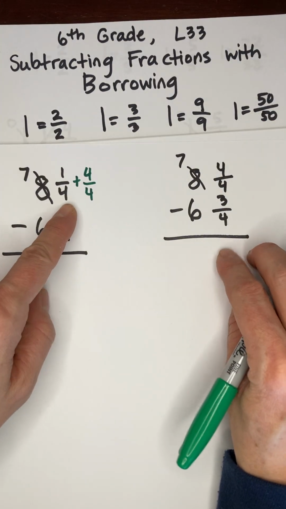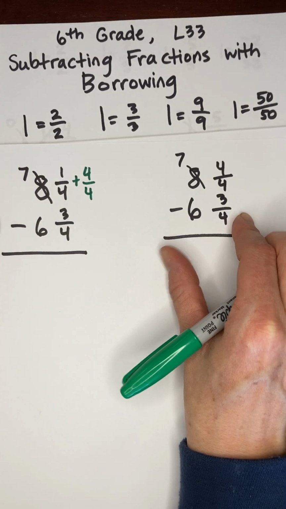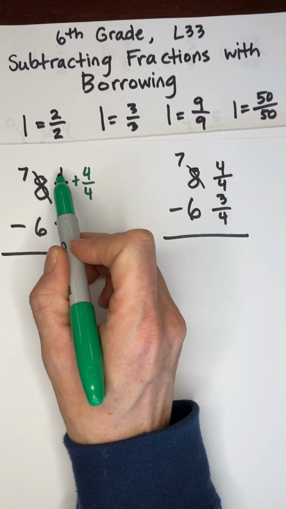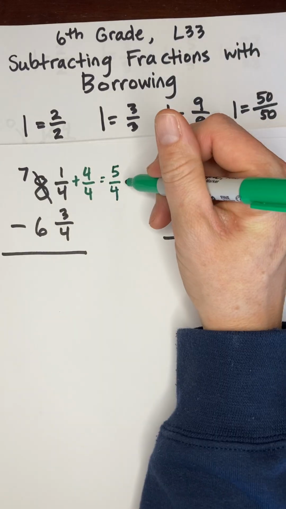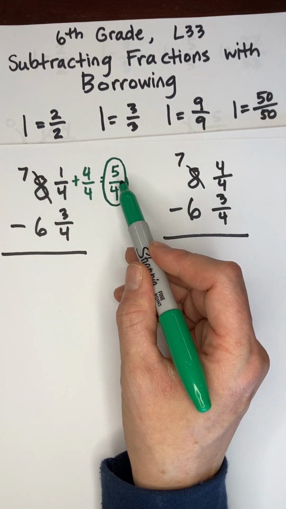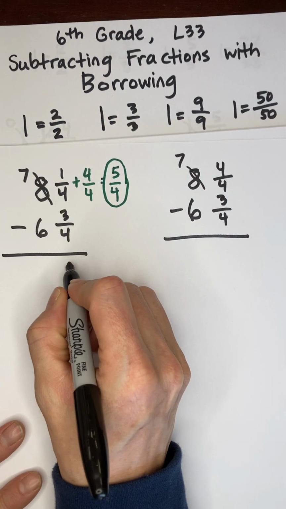Okay, this is the only part of this problem that's different from over here, which we already did. Okay, so now we have to consider this 4th that it's already there. So 1 plus 4, which is 5, that's 5/4. All right, now this right here is my new fraction up here that I'm going to subtract 3/4 from. Okay, so 5 minus 3 is 2.